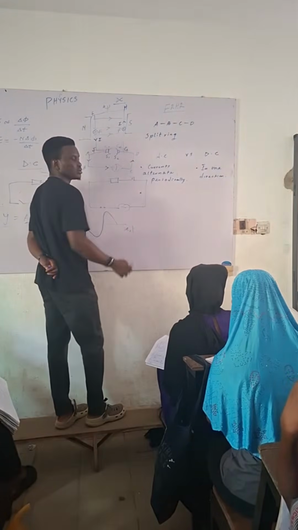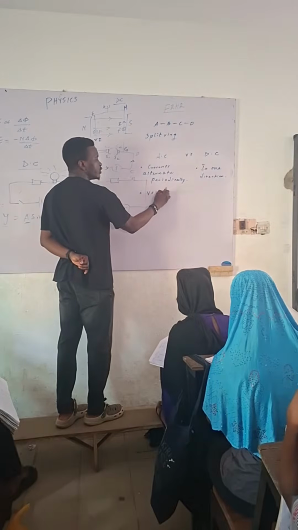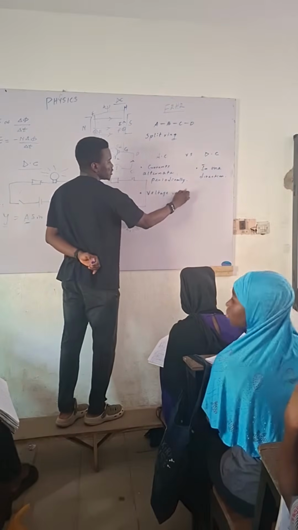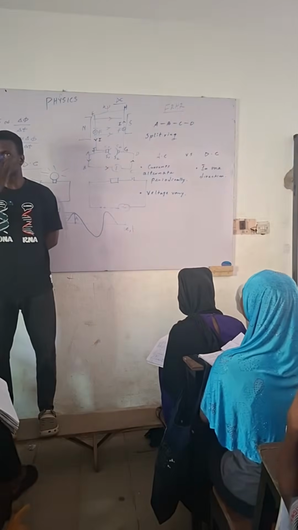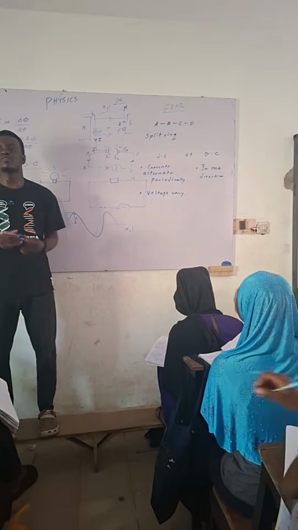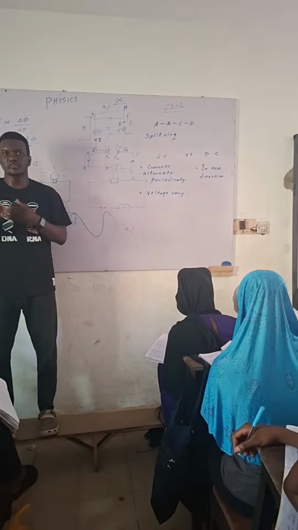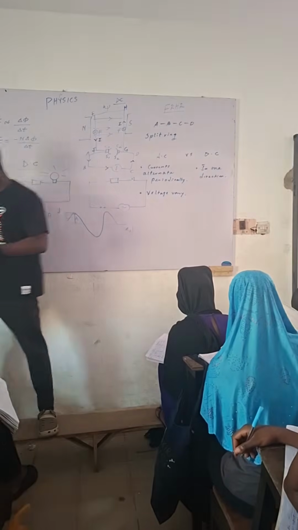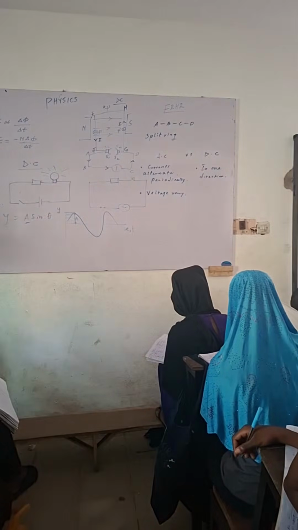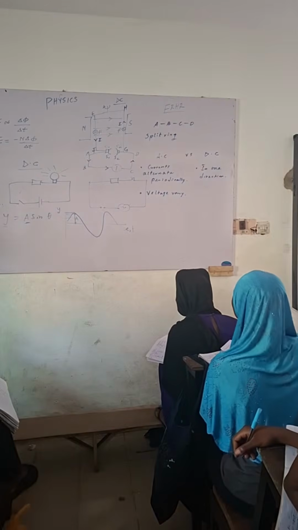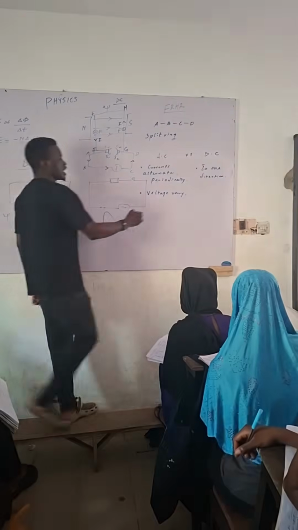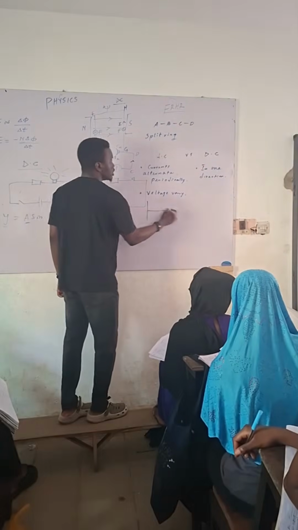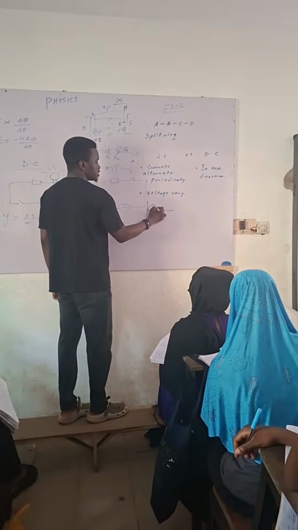For AC, I want to believe you know that the voltage will vary. The EMF will vary. Why would the EMF vary? Because you are changing flux. As you are changing that flux, it's going forward and flipping back, unlike in DC. So it will keep changing. Most times when you see a graph for AC, the graph is always like this.